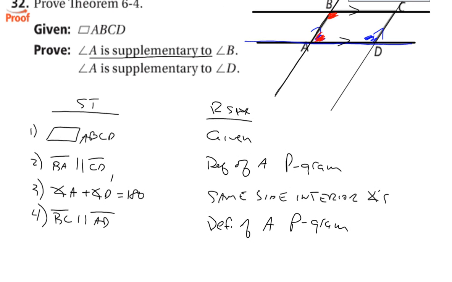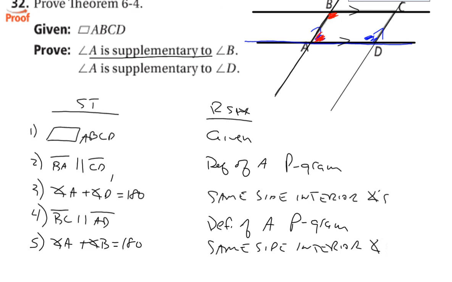So statement number 5 is angle A plus angle B is equal to 180. Why? For the same reason, because they are same side interior angles. Same side interior angles are supplementary when two parallel lines are cut by a transversal.